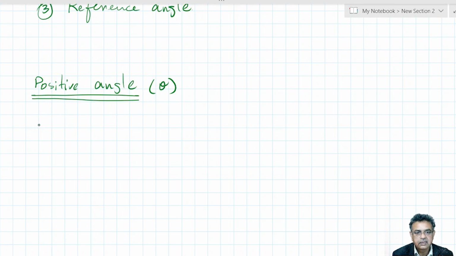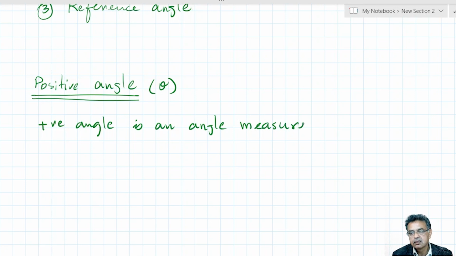A positive angle is an angle measured with the positive x-axis anti-clockwise.